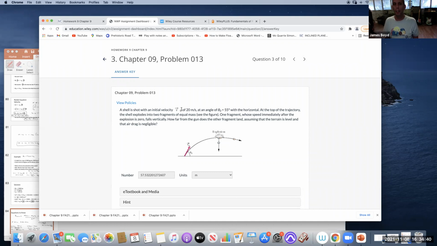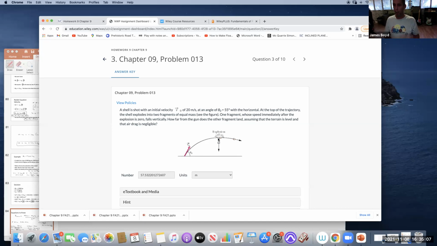So v initial in x is 20 times cosine of 55, right? So we know the velocity in x from projectile motion going all the way back to chapter 4. V naught cosine of 55.